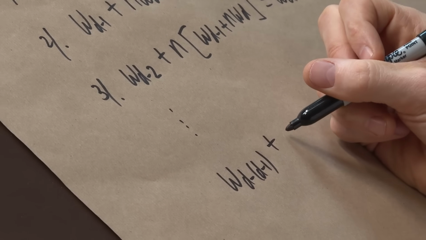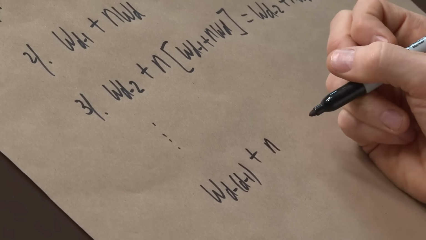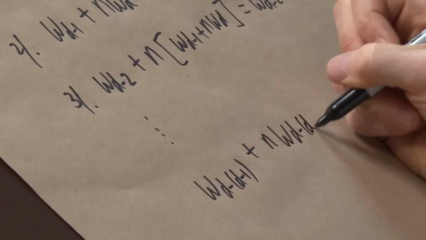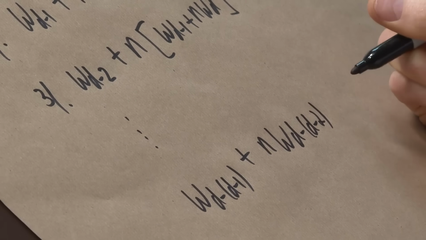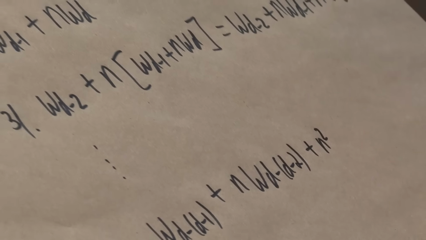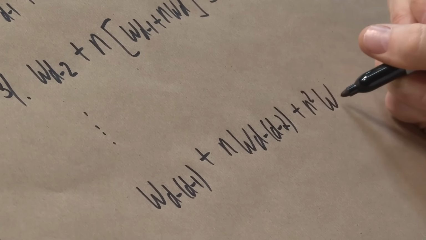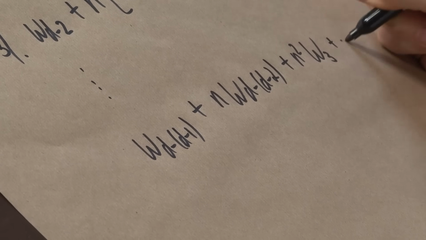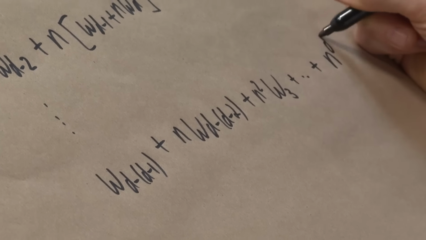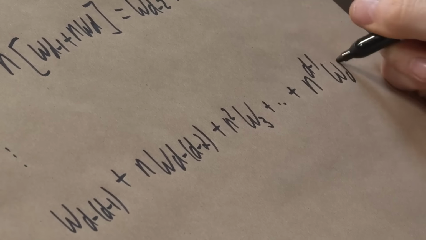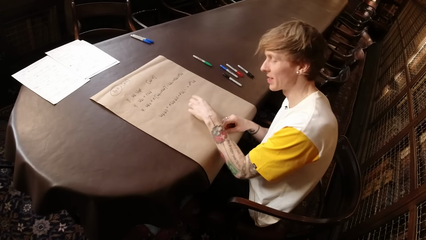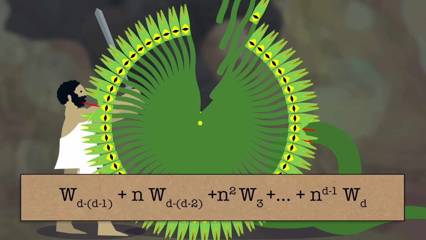And then you've got n from the level before, which is n lots of WD minus 2, and then you're going to get n squared of the one before it, which I'll just write as w3, because that's going to be w1, w2, w3. And this goes all the way up to n to the D minus 1 WD. This would now take us down to w1, and we know we can finish from this point. Kill shot territory.